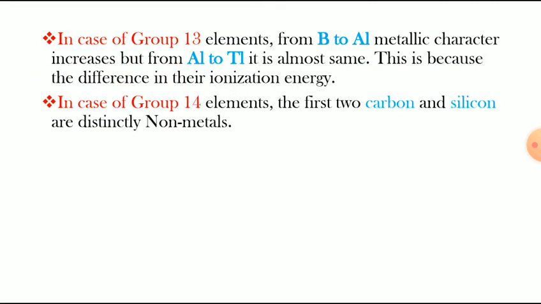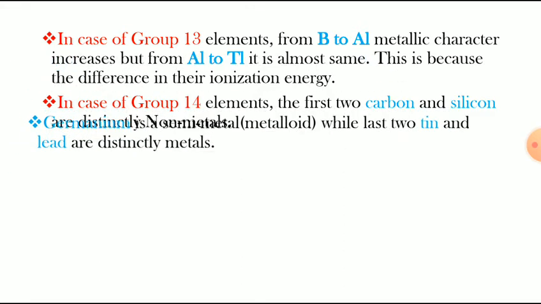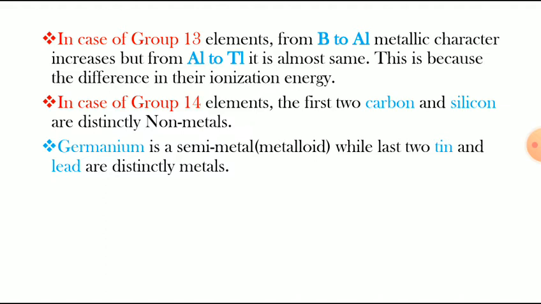In the case of group 14 elements, the first two, carbon and silicon, are distinctly non-metals. Germanium is a semi-metal or metalloid, while the last two, tin and lead, are distinctly metals.